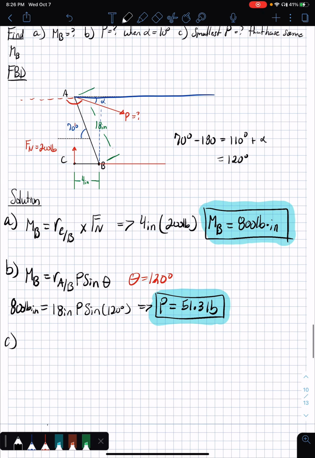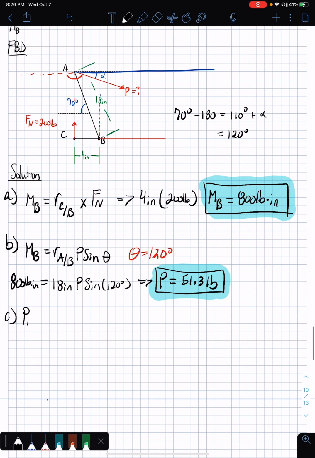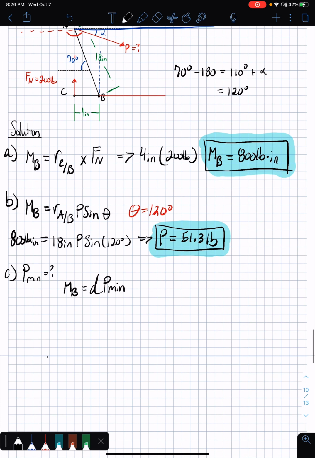Moving on to part C, we need to find P min, which is the minimum force P needed to exert to remove the nail. To find this, you can just start off again at the moment about B, which will be our distance times P min, distance being our r_AB.